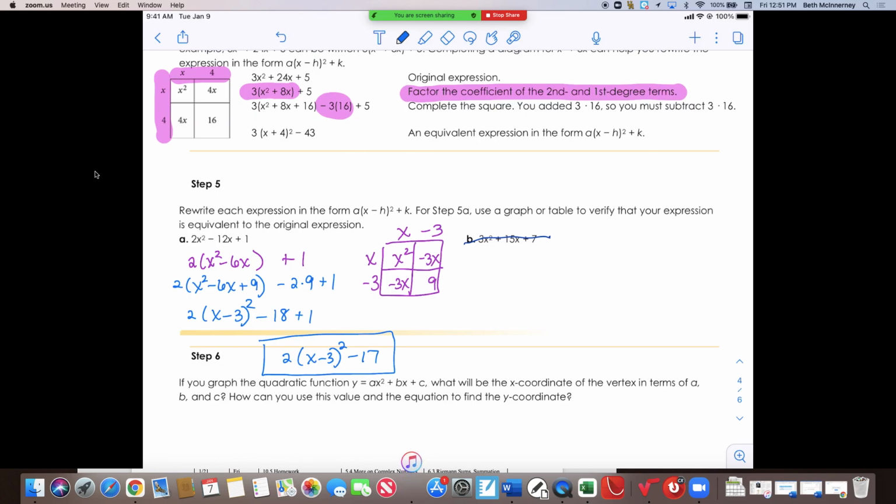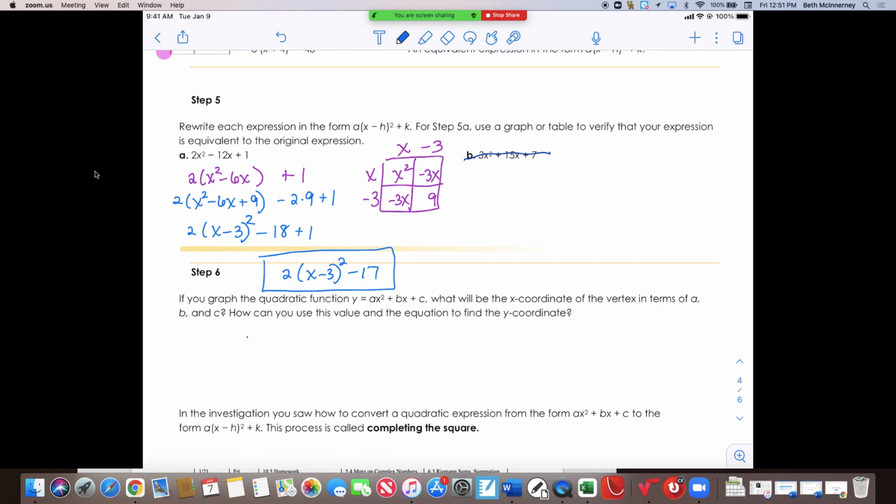The reason why I'm adding 18 is because I want to write this as x minus 3, the quantity squared, and then I can tell the vertex from it, okay? All right. The big idea for step 6, here's all I want you to write here.